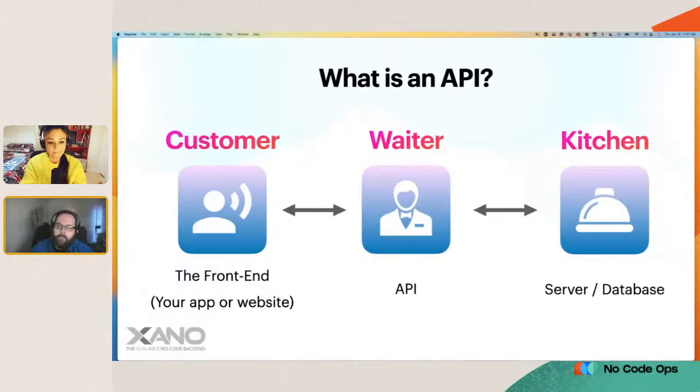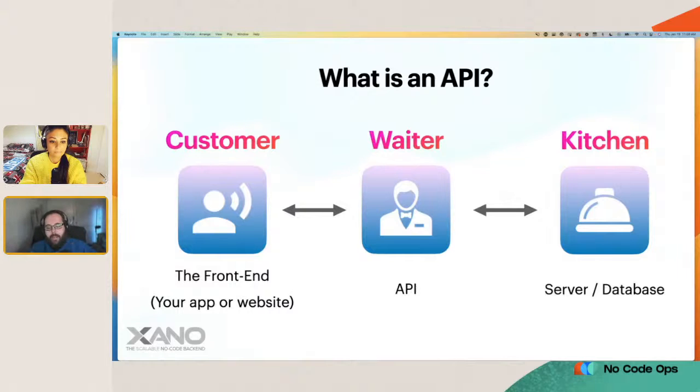So in terms of an API, your waiter is the API. An API is designed to take information from two separate places and make sure that both of those separate places are actually able to interpret that data. So the API takes your order, takes your data, translates it into a way that the kitchen can understand.